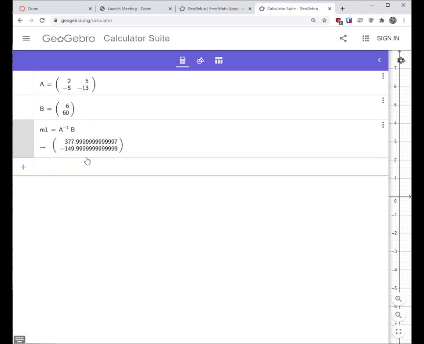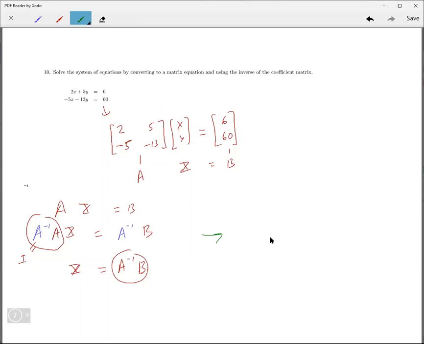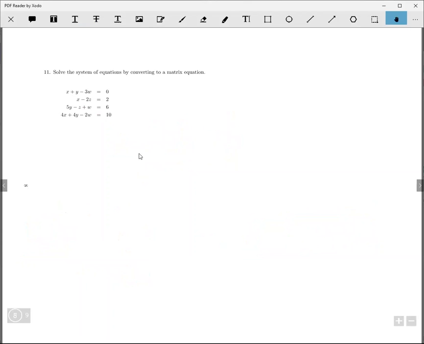So 378, negative 150 would be the answer. Okay, so that would be the answer to that one. And then do the same thing here.